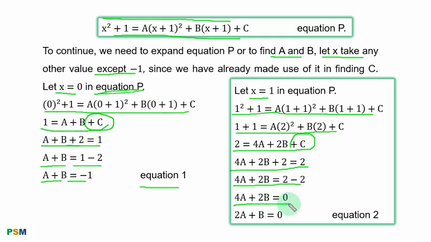You can divide through by 2 to reduce the coefficients, and you have 2A plus B equal to 0 as equation 2. This method is very easy. It saves us the stress of expanding and comparing coefficients. You can use your own set of values. You are going to have different equations, but your final result will be the same as the one we are going to get in this example.